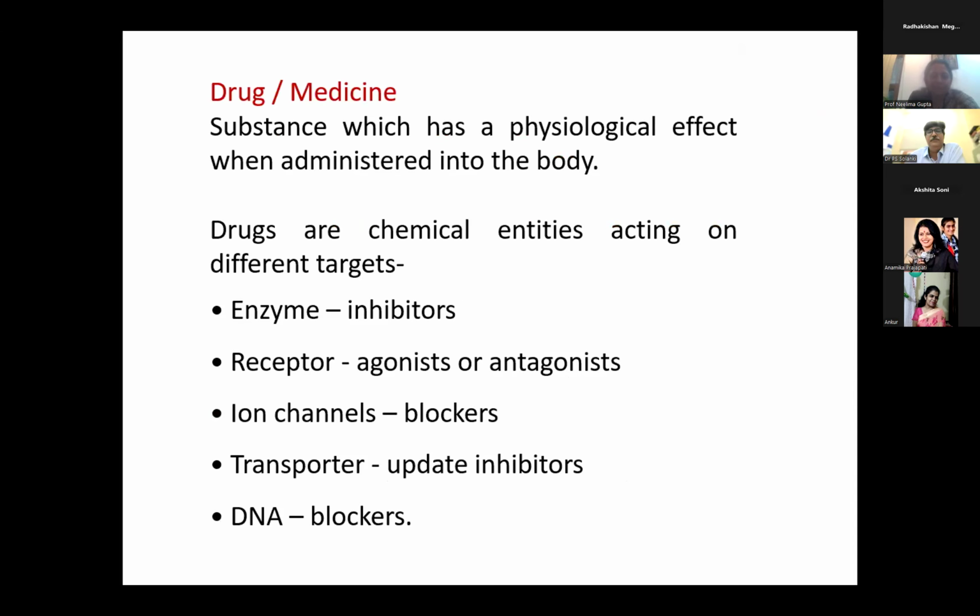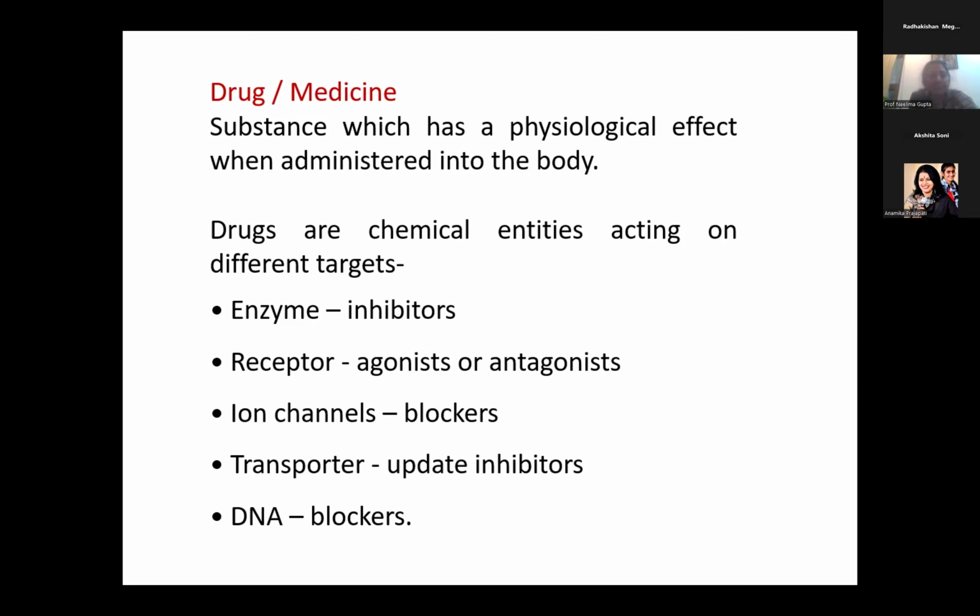So as you all know already, when we talk about the drug designing, the drug or the medicine is a substance which has a physiological effect when administered into the body. And the drugs are chemical entities. So the chemistry is there. They are the molecules acting on different targets in our body. And these targets may be enzymes.